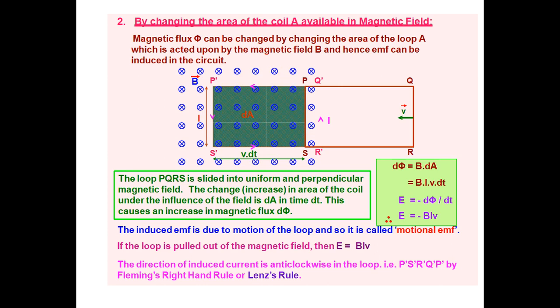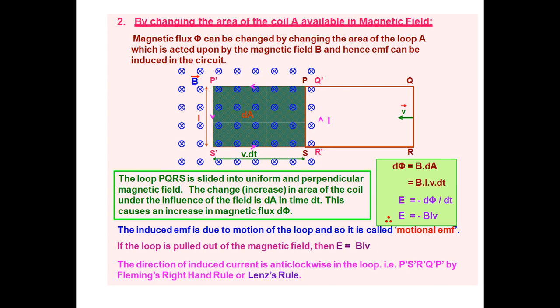This causes the increase in magnetic flux d phi. The induced EMF is due to the motion of the loop, and so it is called the motional EMF.